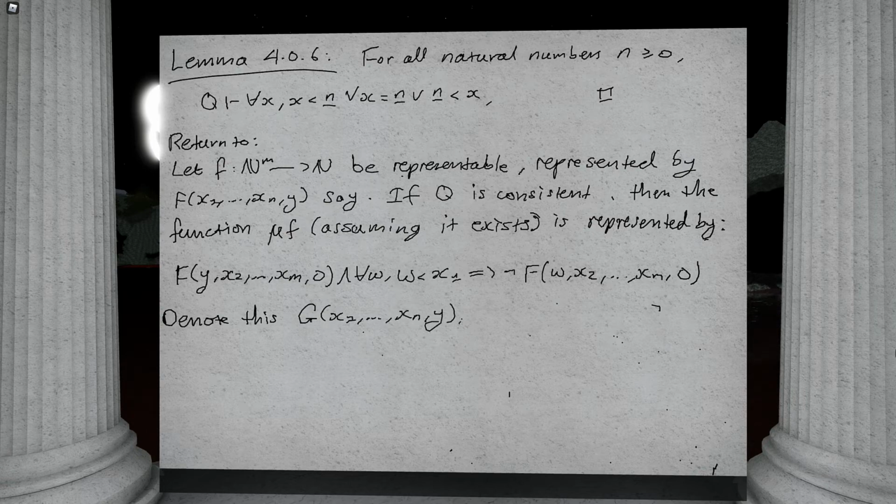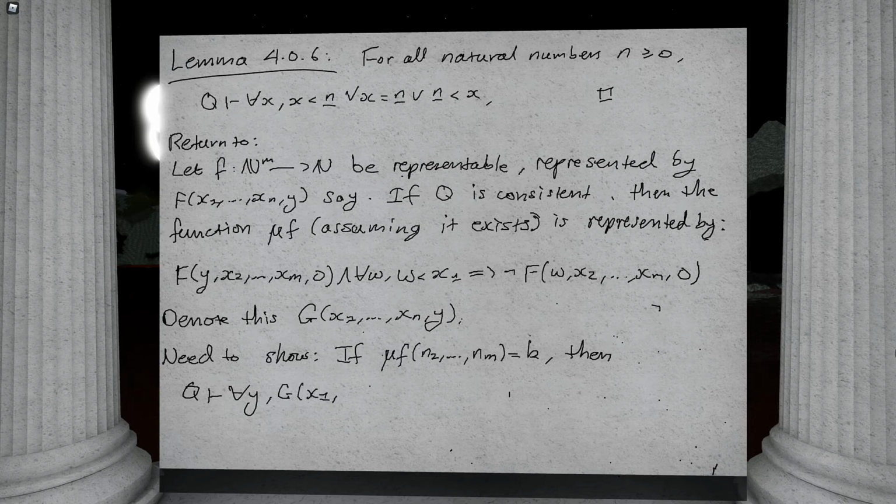Okay, and I'll denote this G of x1 down to xn, y, and then what we need to show is if mu f of n2 up to nm is equal to k, then... Oh, no, I have made a mistake.